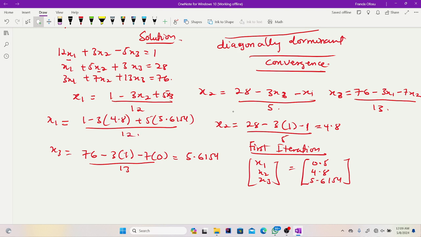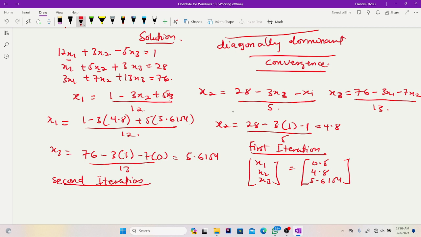And this gives us 14.667, right? So x1 gives us 14.667. Let me write the second iteration.